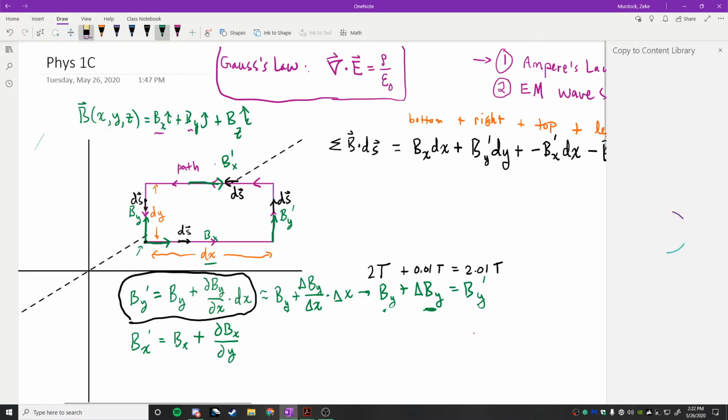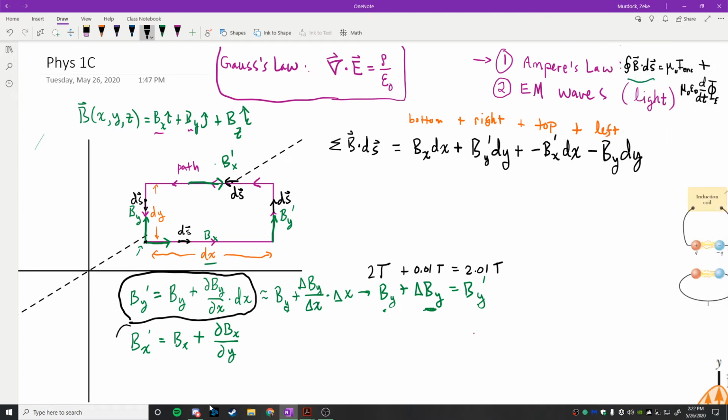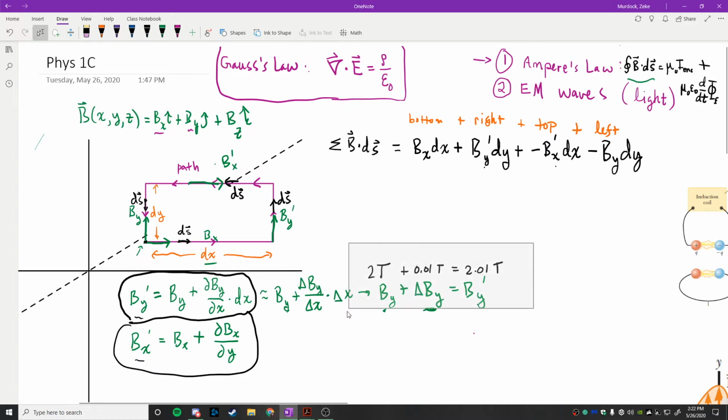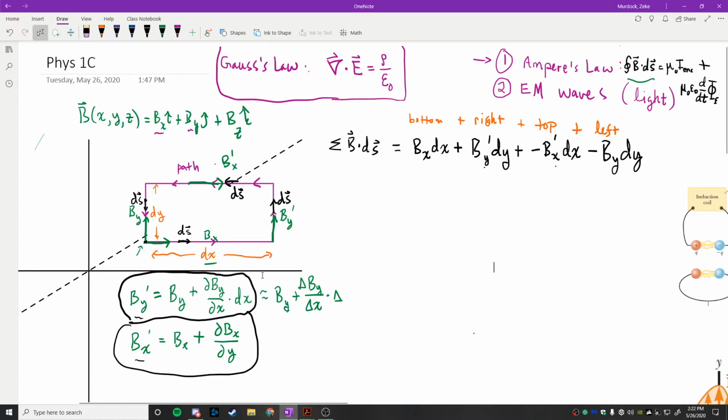Oops. Draw. Black. So this now becomes our value for Bx prime and our value for By prime, but we're going to plug those into there and there, basically. Okay. Now I'm going to erase this stuff so we can continue with the derivation here on the top.